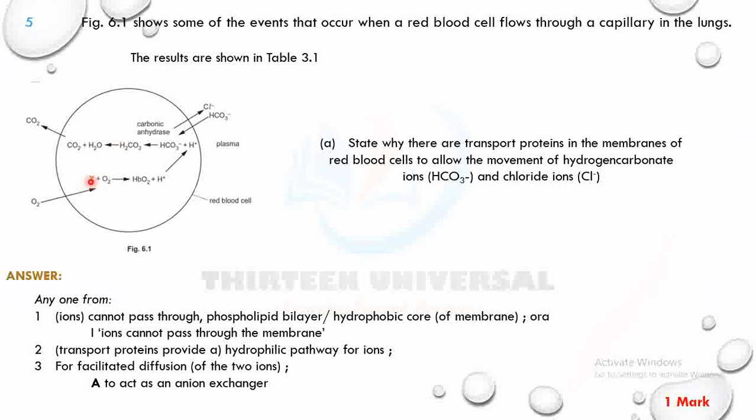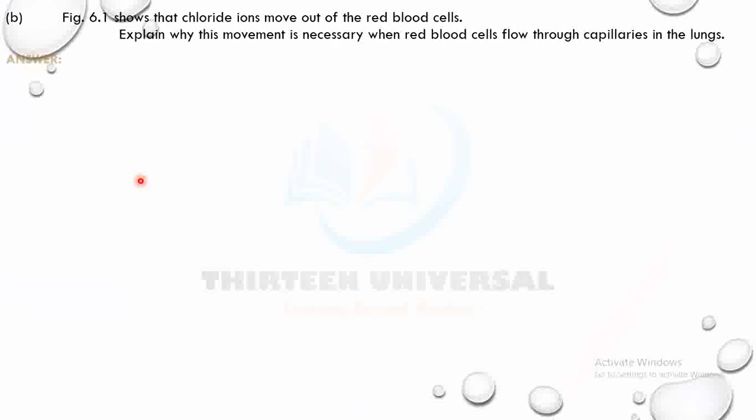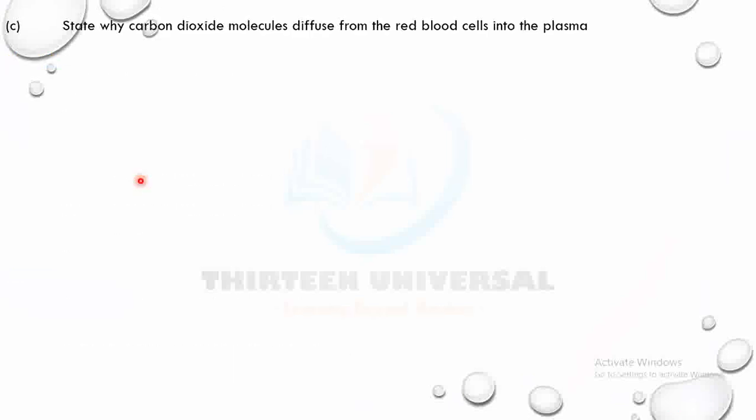It should be hemoglobinic acid, because it used to have hydrogen with it. When hemoglobin binds to hydrogen, it forms hemoglobinic acid. So this is hemoglobinic acid, this is oxyhemoglobin. Did you get it? So that's hemoglobinic acid there.